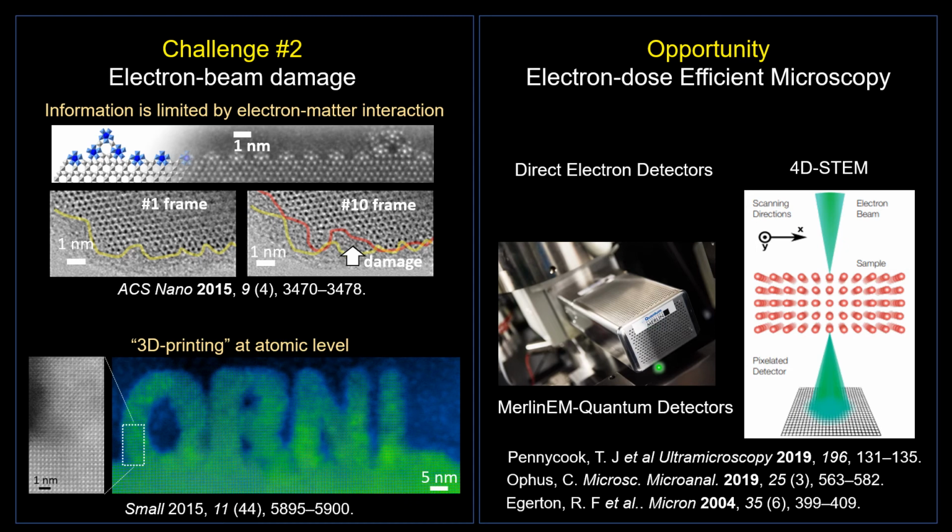These detectors will also facilitate new imaging modes, such as scanning diffraction or 4D STEM, where a full diffraction pattern is recorded at each pixel, rather than just the integrated electron intensity. This will allow traditionally difficult materials to be studied in the electron microscope, and new discoveries can be expected.